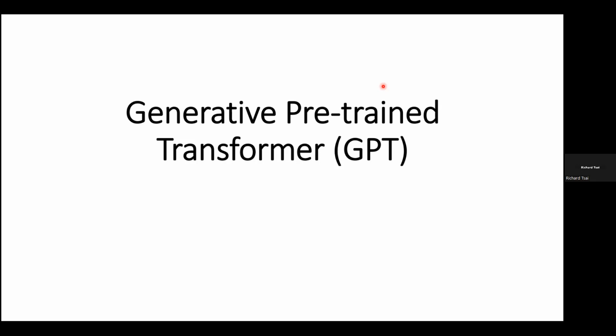This flexibility allows you to choose the right part of the transformer model for your specific language-related task. So now we introduce the second.